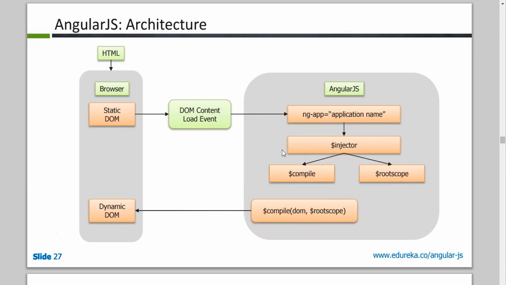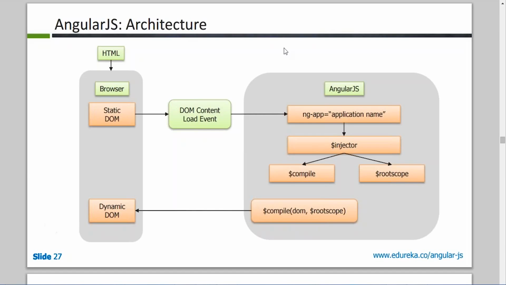AngularJS takes the events from your static DOM, which is triggered by the browser, and processes it. It processes it in such a way that the processing results in a dynamic DOM, a DOM which can interact with the user and can be very interactive in some cases.